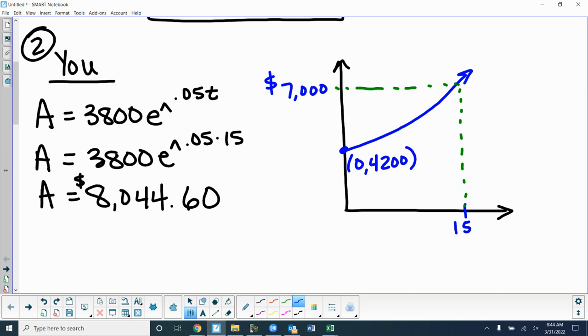All right, so let's answer the questions. It says the graph shows the balance of your friend's account over time. Which account has a greater principal? Okay, so here's the principal for your friend. Here's the principal for you. So who had the greater principal? Friend, right?